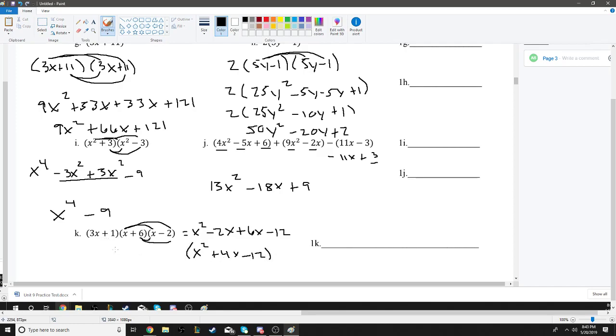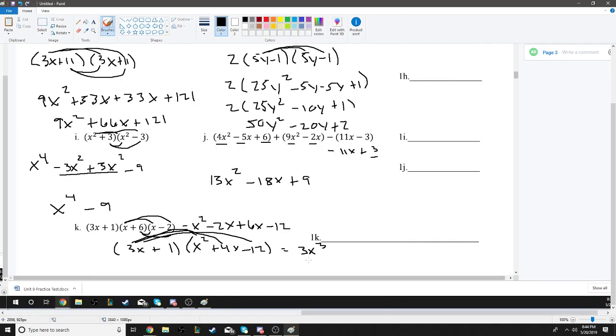However, in the front, we still have 3x plus 1 that we haven't touched yet. And now it's a triple distribution game again. Okay. So this becomes a 3x to the 3rd power plus 12x to the 2nd power minus 36x.